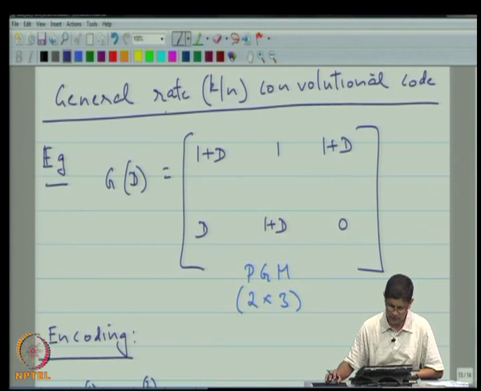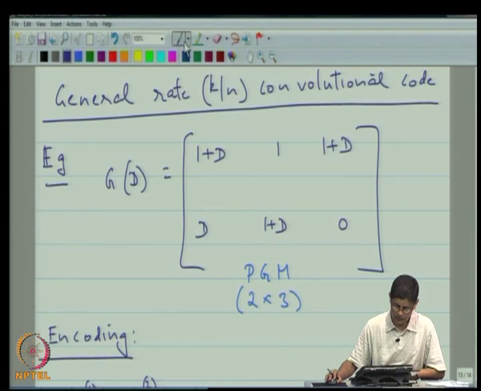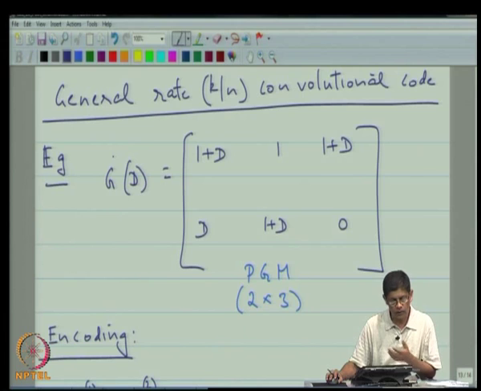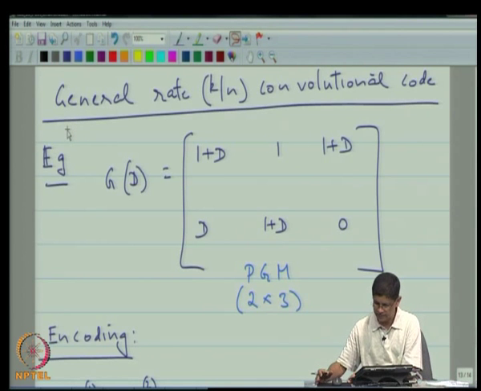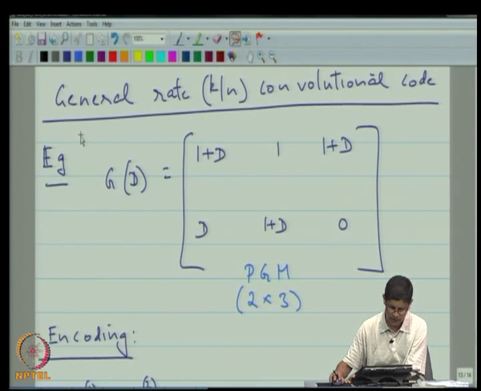Now, of course, the natural impulse is to ask the question, well, what does the encoder look like in this case? So, let us go ahead and draw the encoder, because after all that is the way in which I introduced the first encoder to you.